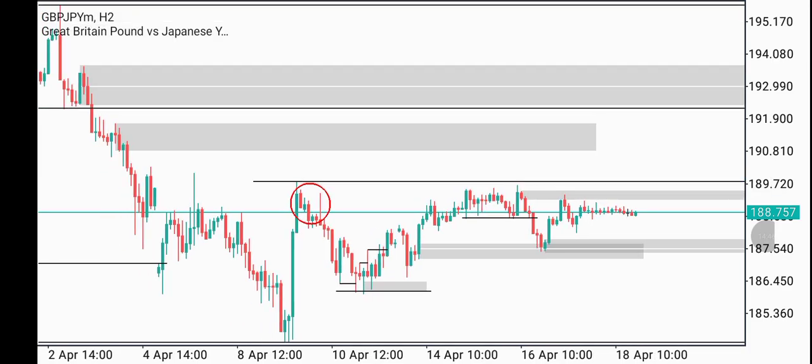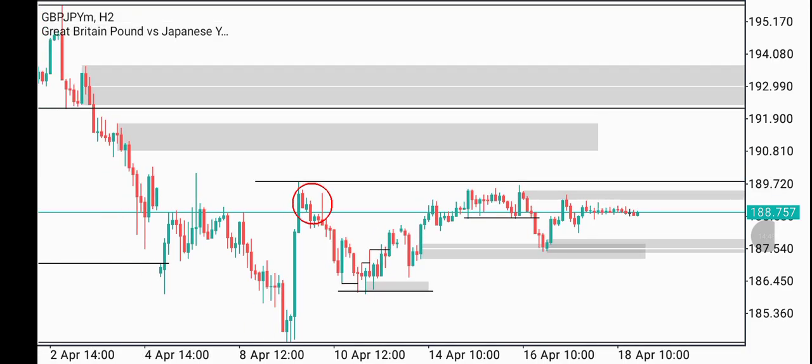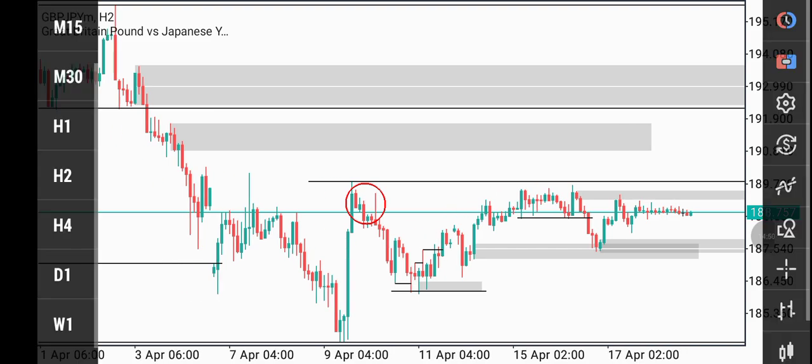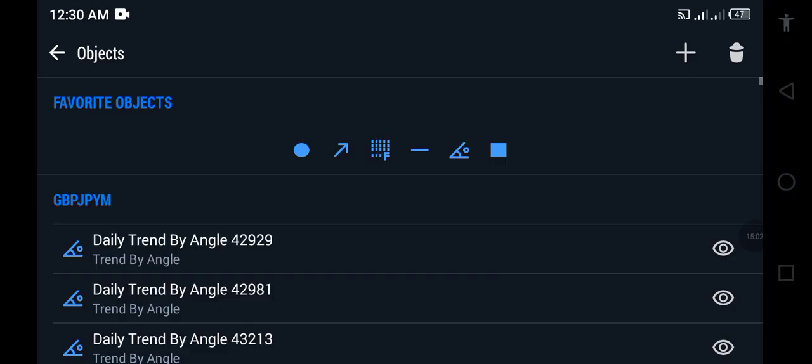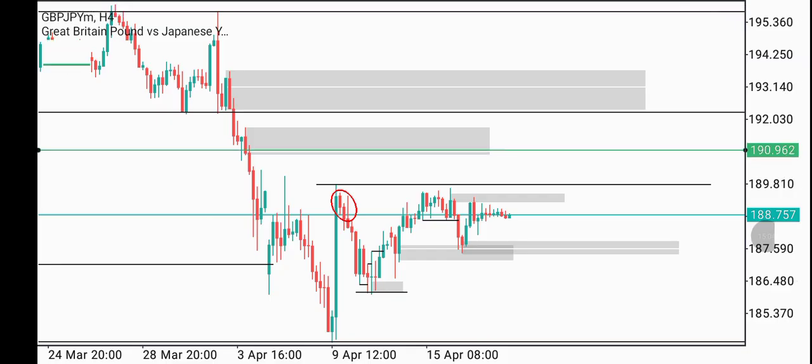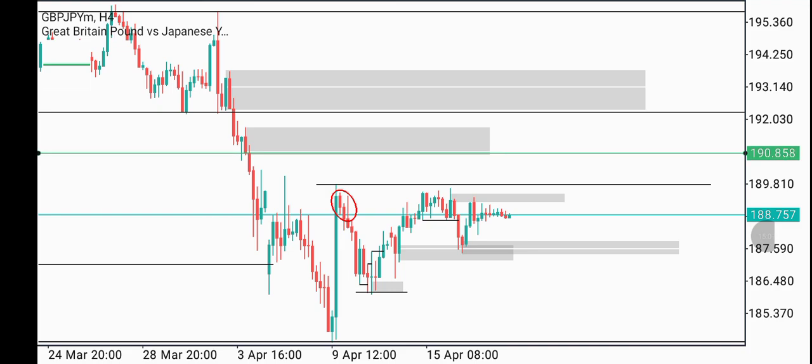Observing from the 1 hour and 4 hour, most of the time I look at my structure from the 4 hour. What you can see here, we have an imbalance here, a buy here. I look for a 4 hour order block with imbalance. We have one here.